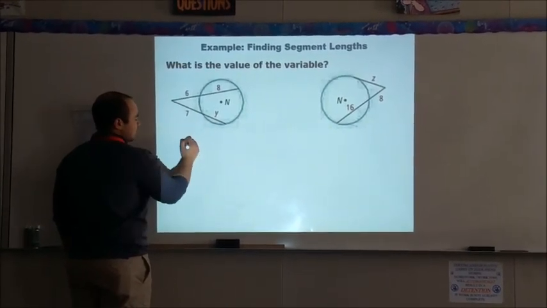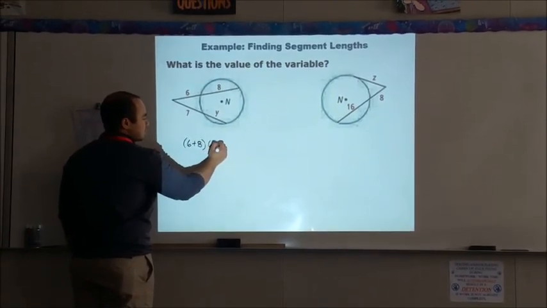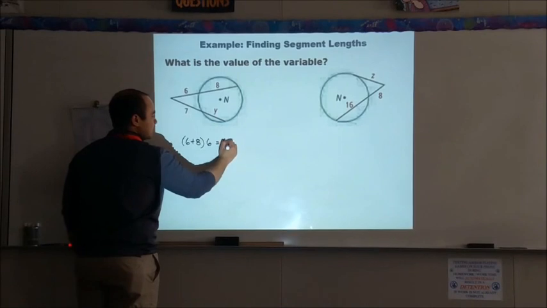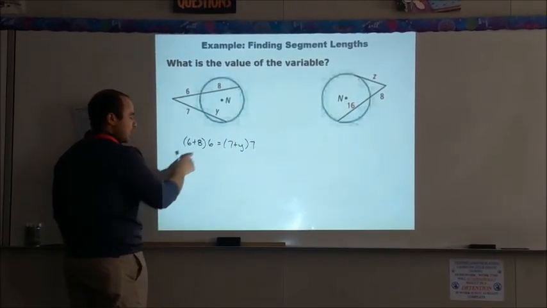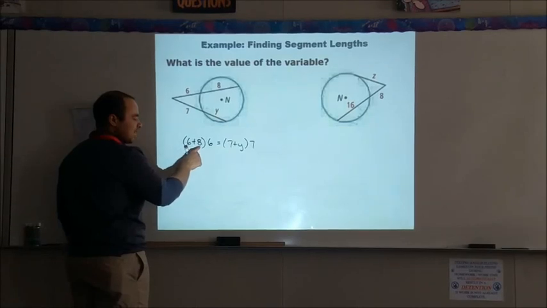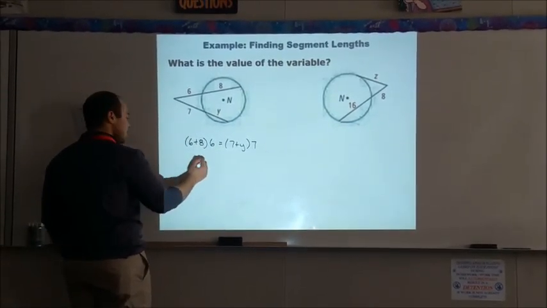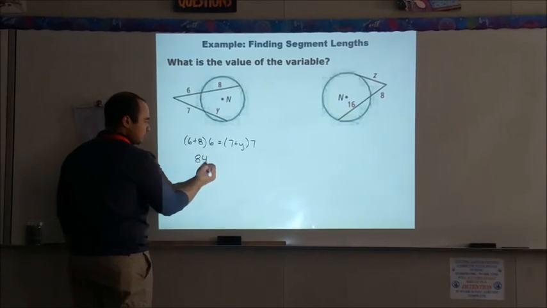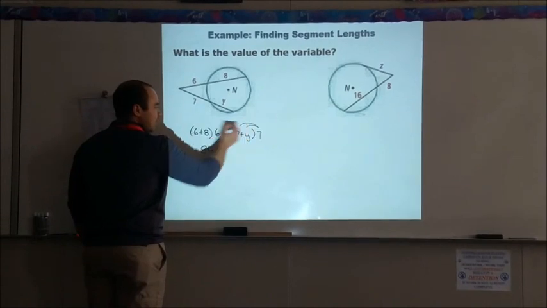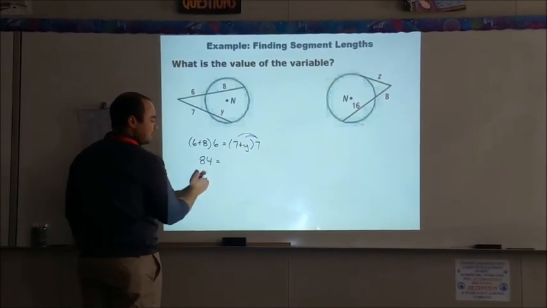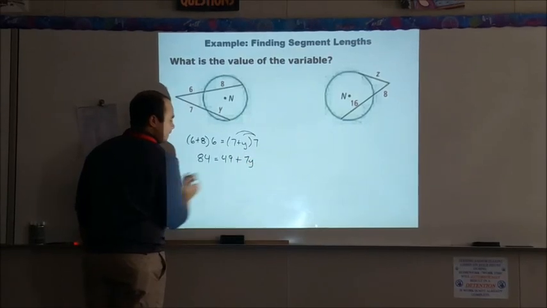We're going to take 6 plus 8 times 6 equals 7 plus y times 7. All right, here we'll simplify. This becomes 14. 14 times 6 is 84. Here, we're going to have to distribute this 7 because we can't combine anything like that. So 84 is going to equal 49 plus 7y.